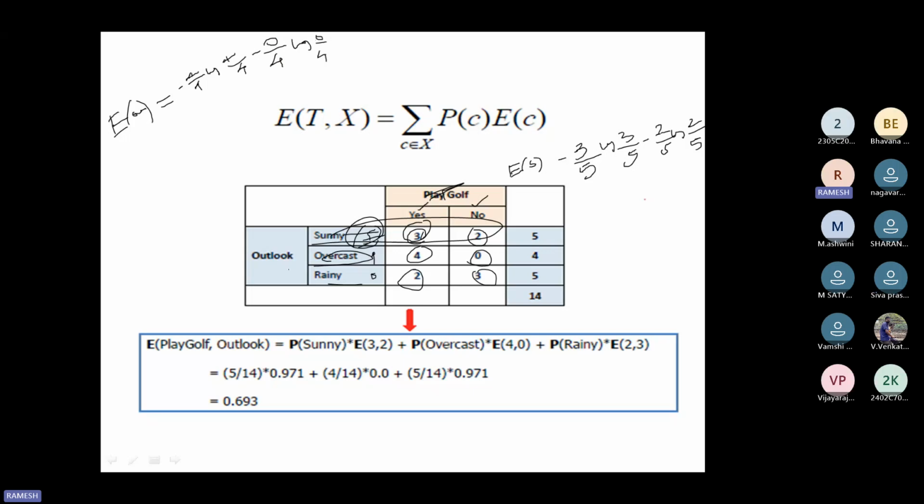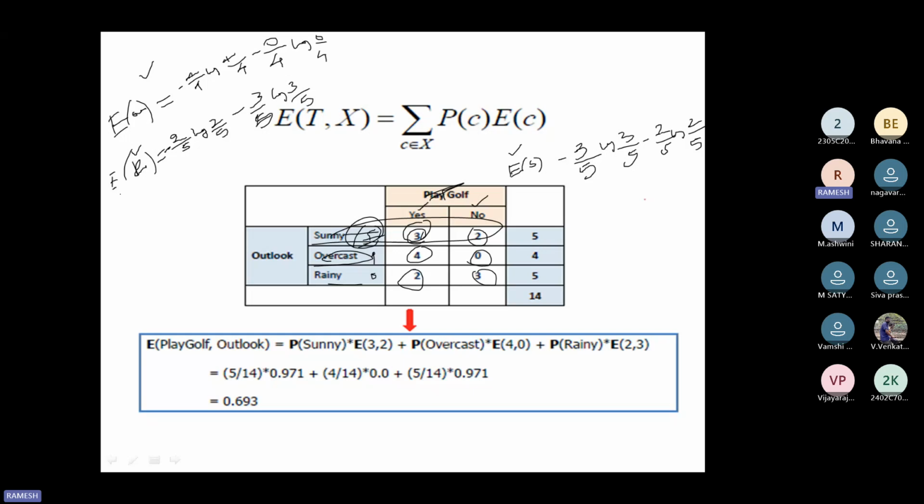This is the entropy of overcast. Now the entropy of rainy is minus 2 by 5 log 2 by 5 minus 3 by 5 log 3 by 5. So we have calculated three entropies: sunny, overcast and rainy.